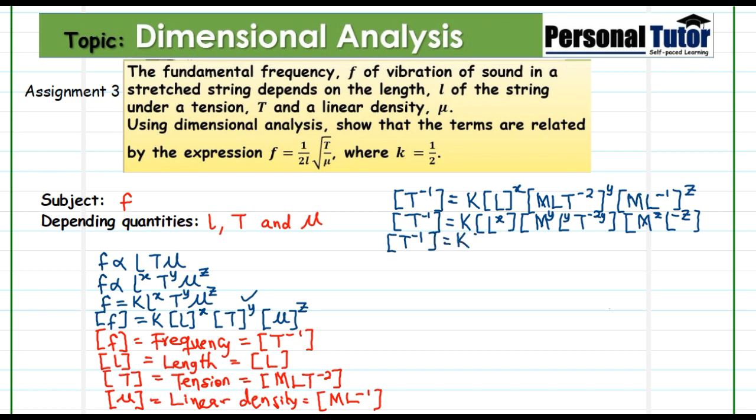Great. Let's continue with the expansion of the right hand side. Picking from the M, or you can also go with the L, no problem. For L, you have L to the power S here, L to the power Y, and L to the power -Z.